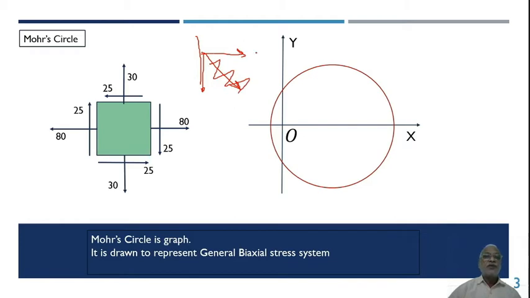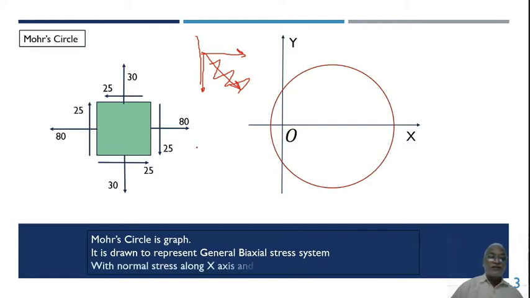So this becomes a normal stress, this becomes a tangential stress. If you have only normal stress, shear stress will be 0, or only shear stress, normal stress will be 0. That's why the general way of representing stress is with a component normal and a component tangential. So this represents a general biaxial stress system.